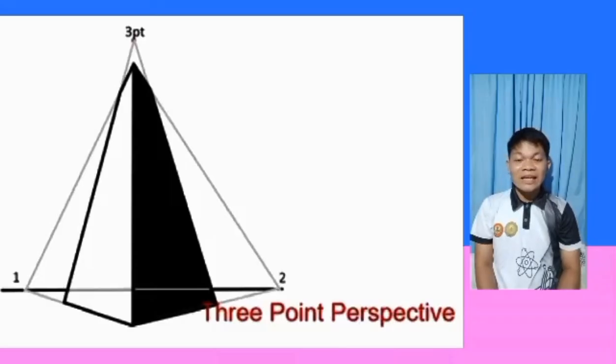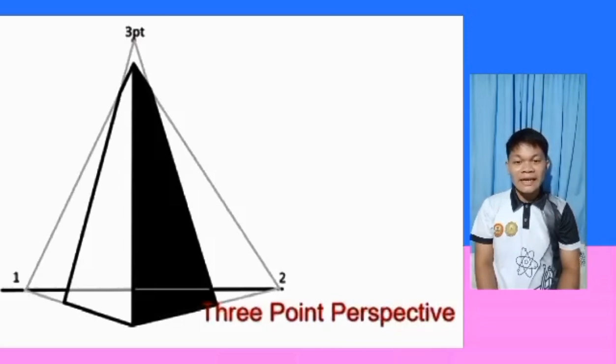This technique helps artists show height, depth, and distance all at the same time. It is useful for drawing tall buildings, interiors, or scenes that look like you're looking up or down. Overall, a three-point perspective makes your drawing look more dynamic and lifelike.